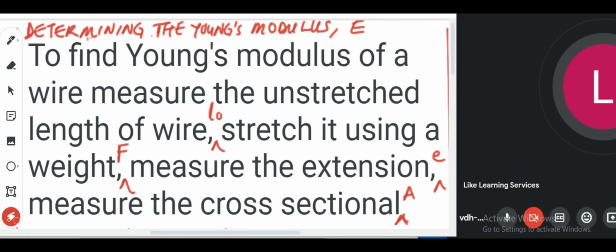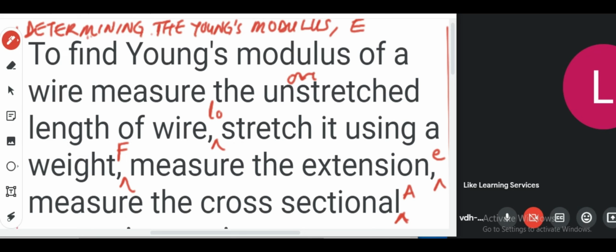Now, to determine the Young modulus E of a wire, we can measure the unstretched length of the wire, that's the original length, L naught.